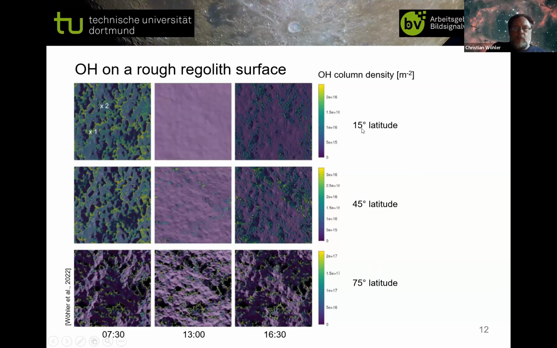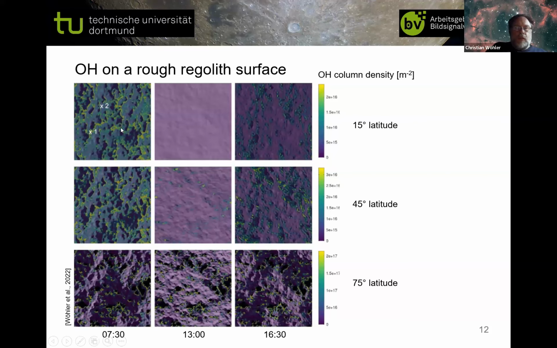And we simply let the model run independently for each pixel, because each pixel has a different temperature. And this is what we get in the morning at 7:30 a.m. This is an overlay of the column density map on the rendered view of the rough surface.